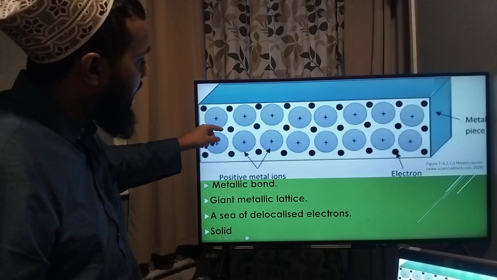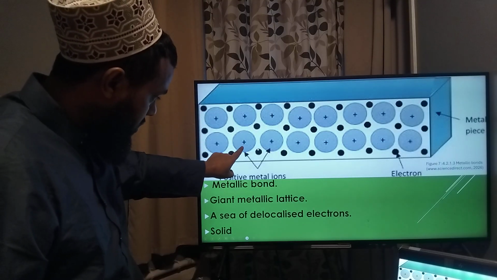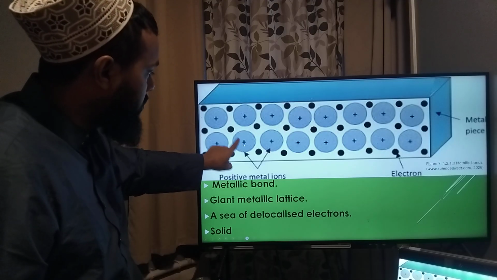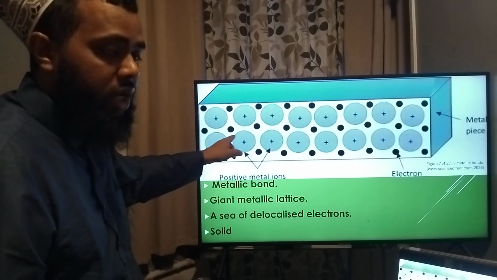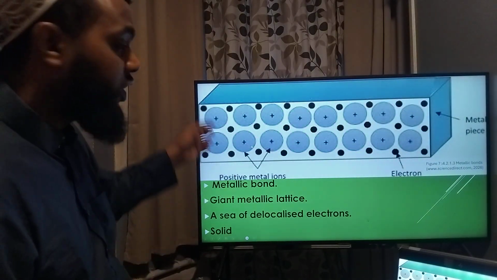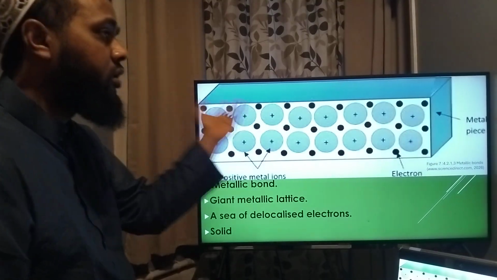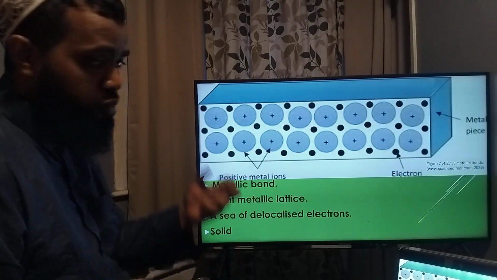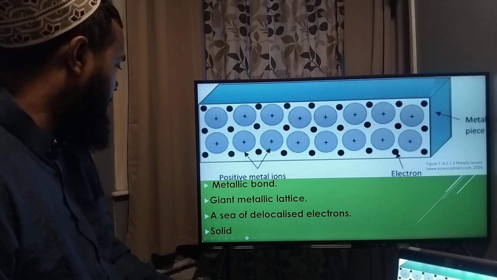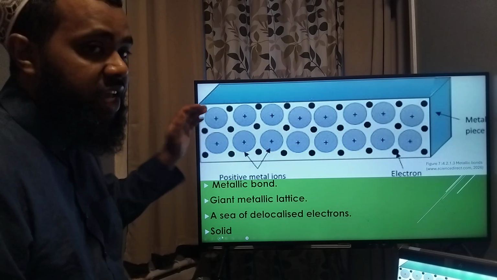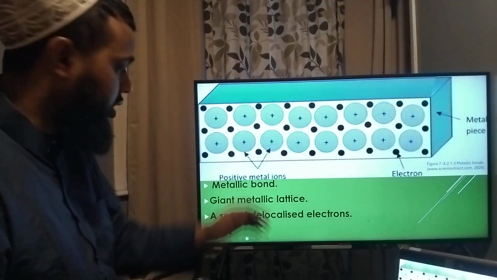So there is a big attraction between the metal atoms and the delocalized electrons, and it's very strong. This strength causes the metal to be very solid, in an arrangement that looks like a giant lattice structure.